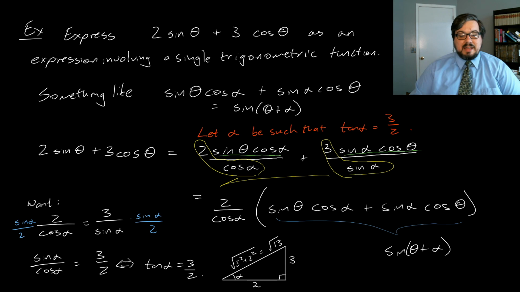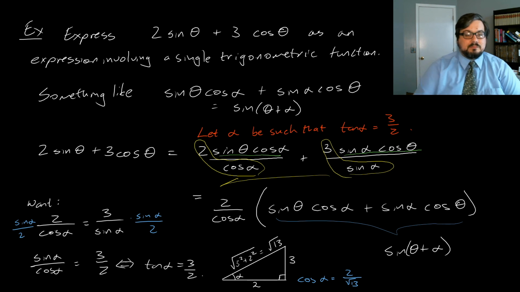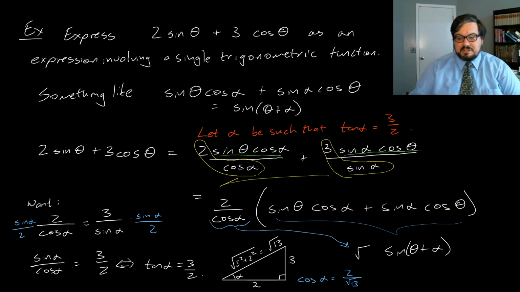So that means that cosine of alpha is 2 over the square root of 13. And so 2 over cosine of alpha simplifies down to just being the square root of 13.